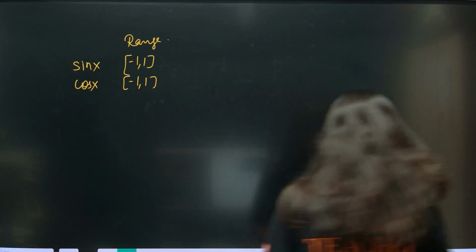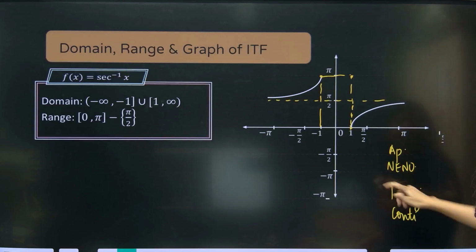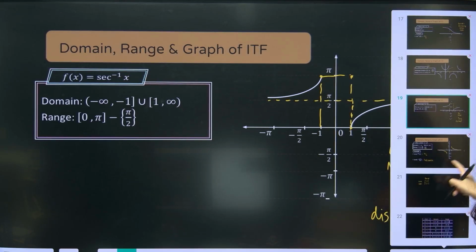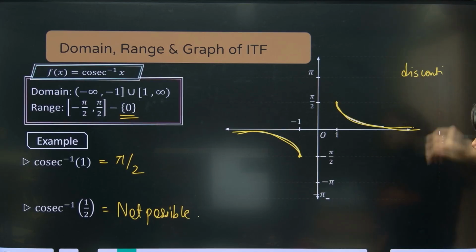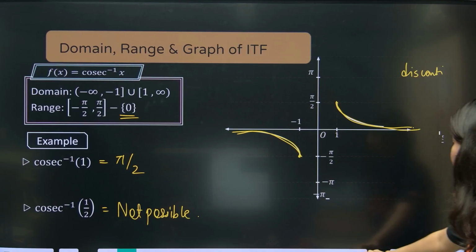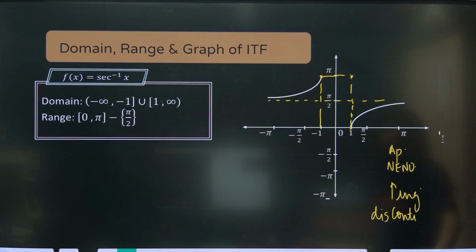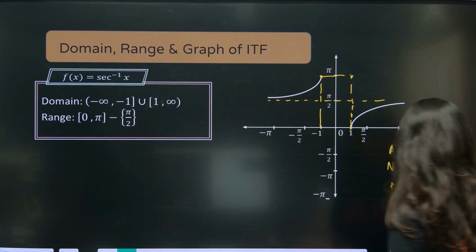Sec inverse x is discontinuous, right? Yes, sec inverse x is discontinuous, and same, cosec inverse is also discontinuous. Actually, we will call it continuous only, because it is continuous in its domain.